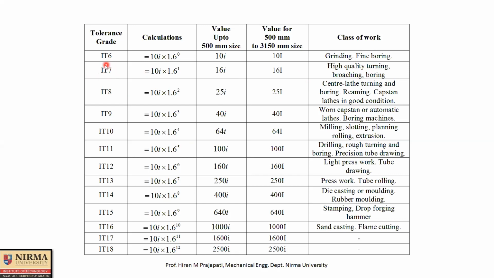Now how to find out numeric value of IT7? That is by using this equation, 16 small i or 16 capital I. Again I am repeating, if your basic size is below 500 mm, then you need to use this column equation, 25 times small i. If your basic size is in range of 500 to 3150 mm, then you need to use this column. So as per this column, only change is small i and capital I. What is small i and capital I? That now we'll discuss.